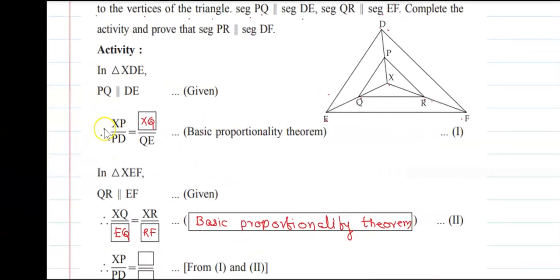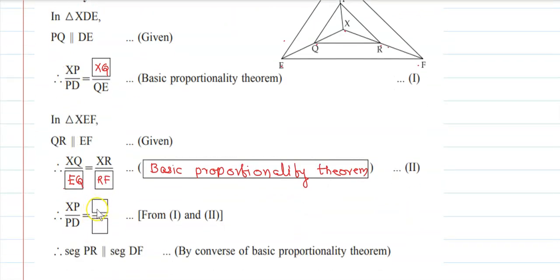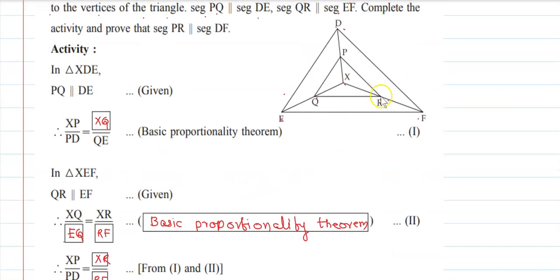Now the next. What's happening here? Look here, XP upon PD is equal to XQ upon QE. How are these two terms given? Same. These two ratios are equal. Therefore, XP upon PD is equal to XR upon RF. And therefore, from 1 and 2, XR upon RF is equal to XP upon PD.